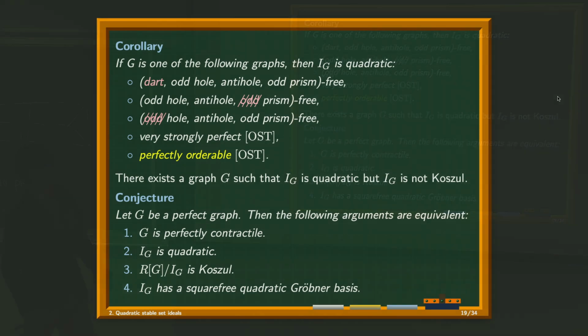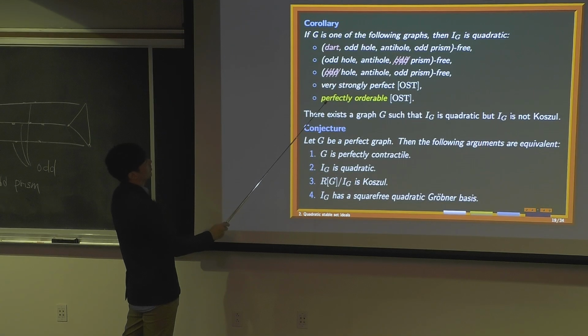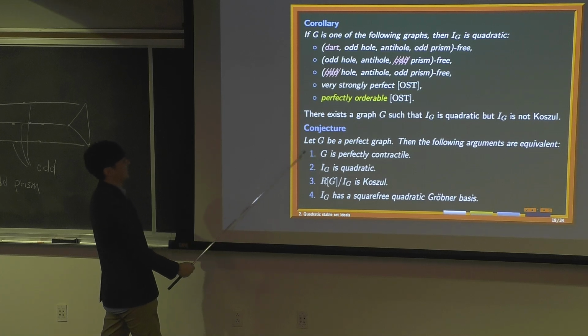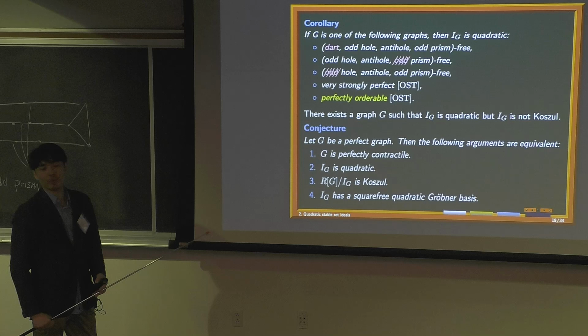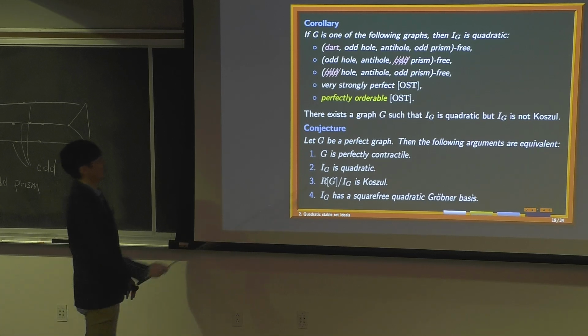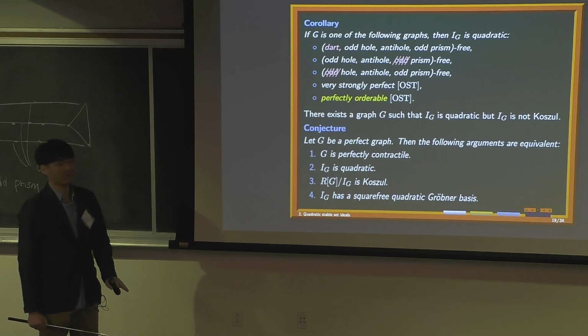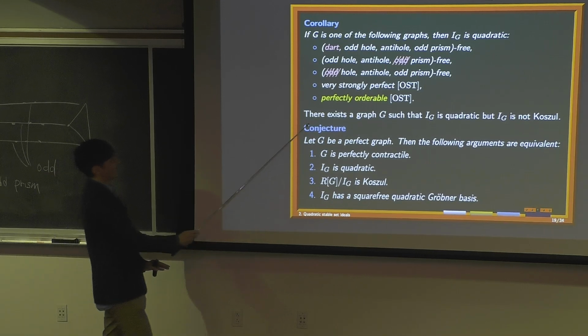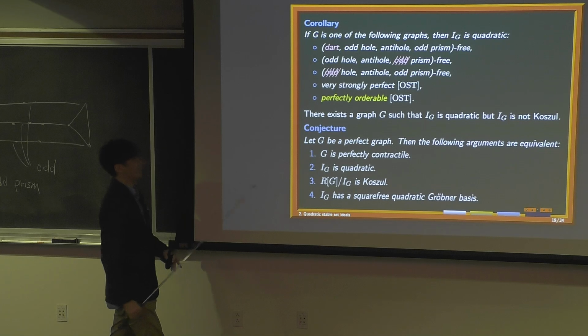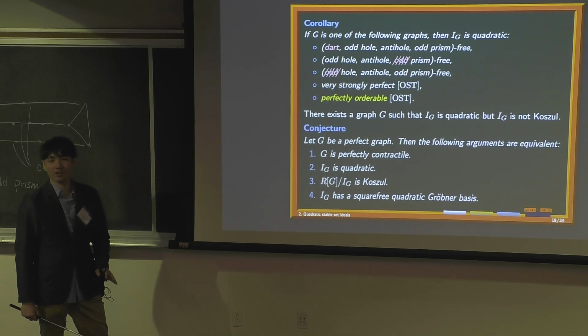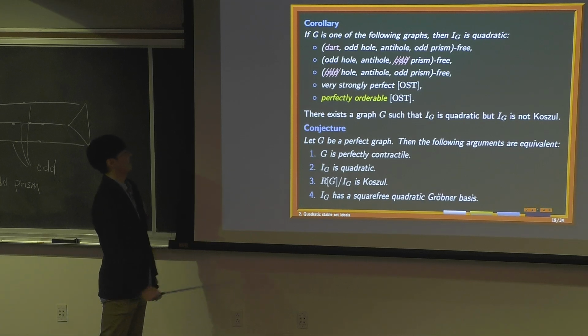Okay. On the other hand, for perfectly orderable graphs, we show that the stable set ideal has a squarefree quadratic Gröbner basis. This implies that for these graphs, the stable set ring is Koszul. But there exists a graph G such that the stable set ideal is quadratic but not Koszul.